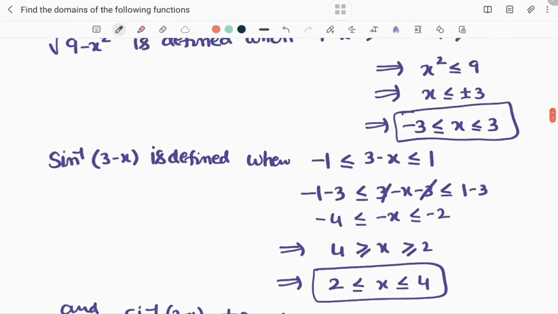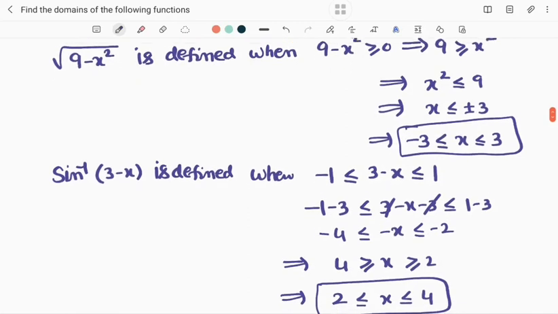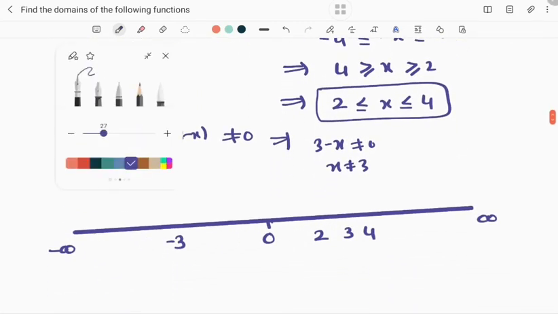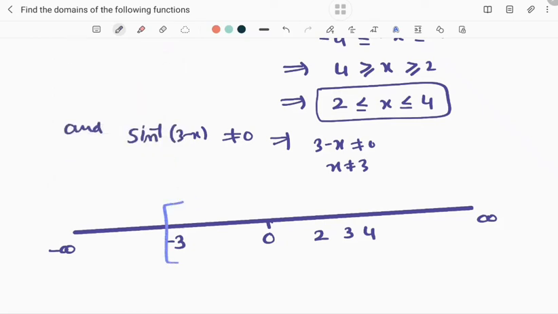For the root of 9 - x² to be defined, -3 ≤ x ≤ 3, closed -3 to 3.